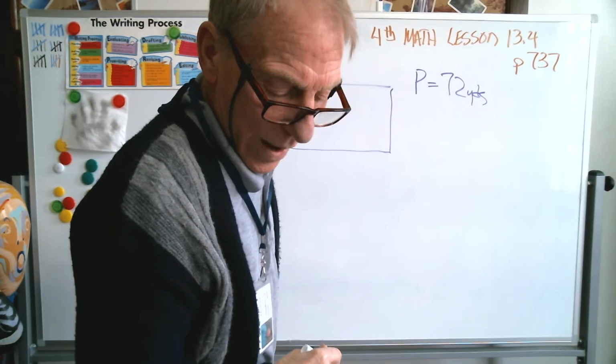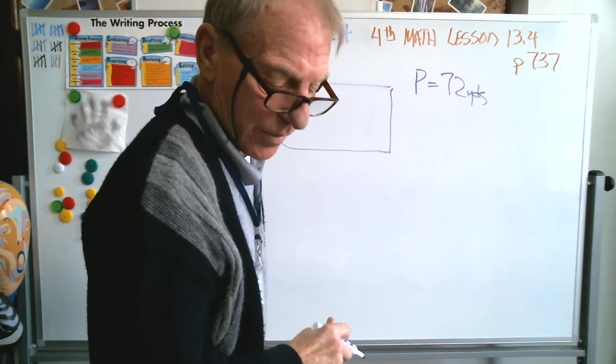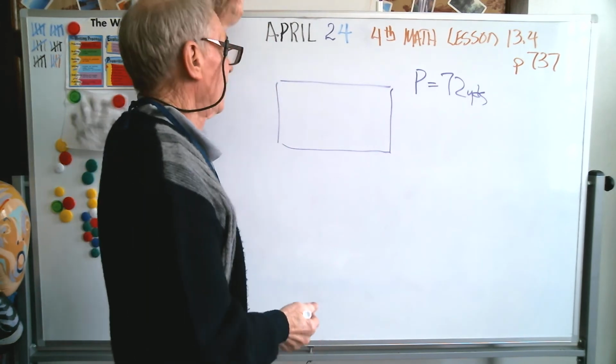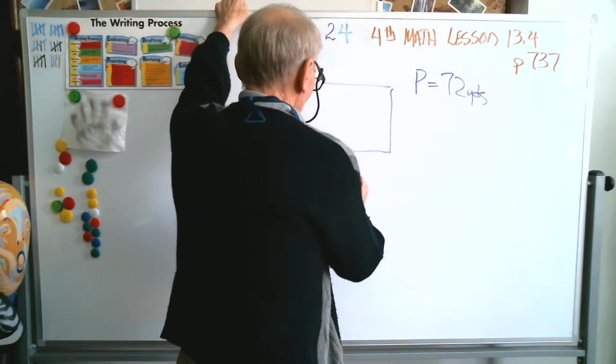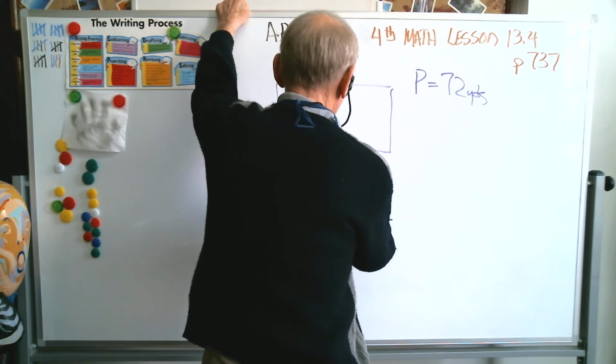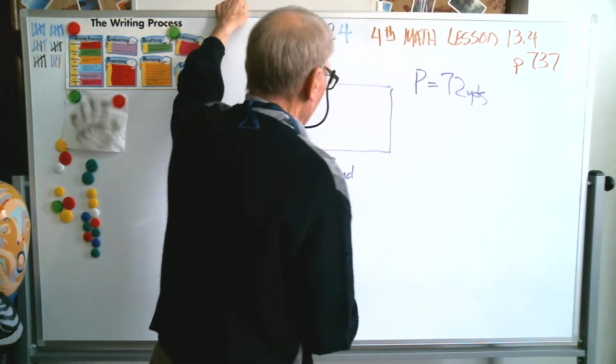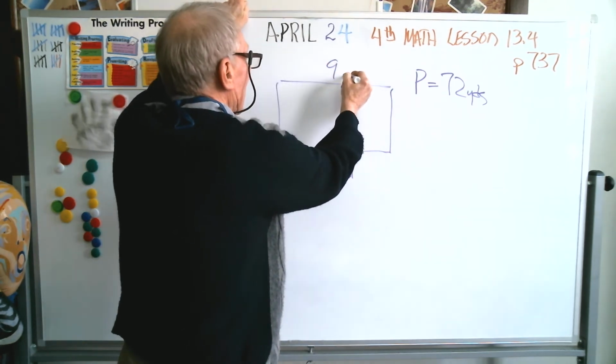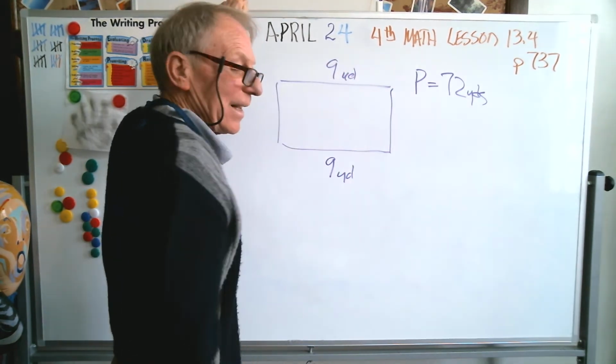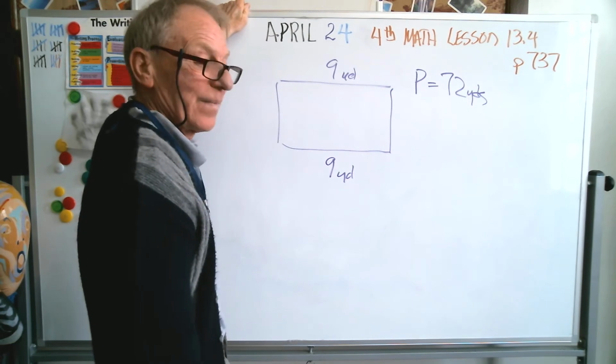It says that the width of the vegetable garden is 9 yards. So we know that we've got 9 and 9. And again, it's just this simple.